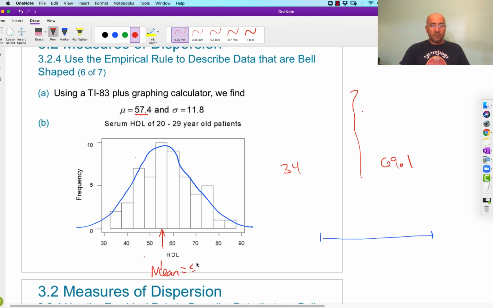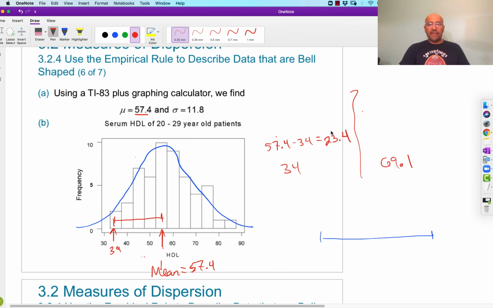Okay, so the mean is still 57.4. Let's think about the gap, the space between the mean and 34. So let's say here's 34. Let's find that space right there. So let's subtract: 57.4 minus 34 equals 23.4.